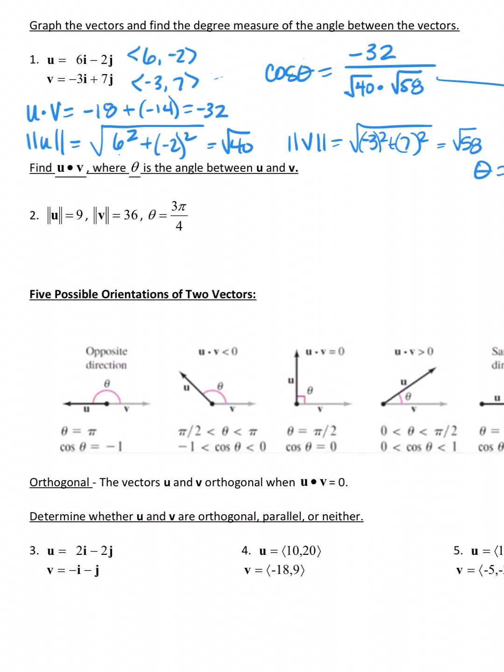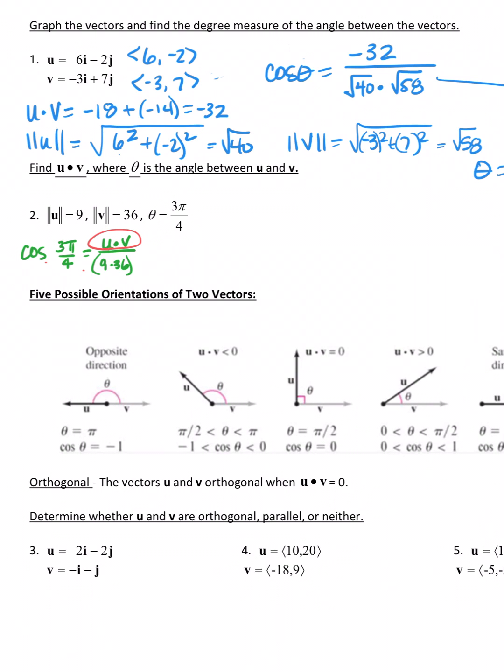So here, I'm going to put in what I know. I know the cosine of theta, which is 3 pi over 4, equals u times v over the product of 9 times 36, right? So if I'm solving for this, what do I need to do? I just need to multiply these two together.